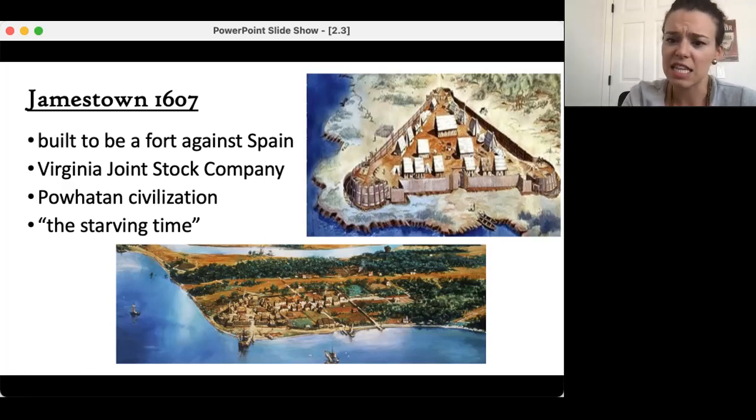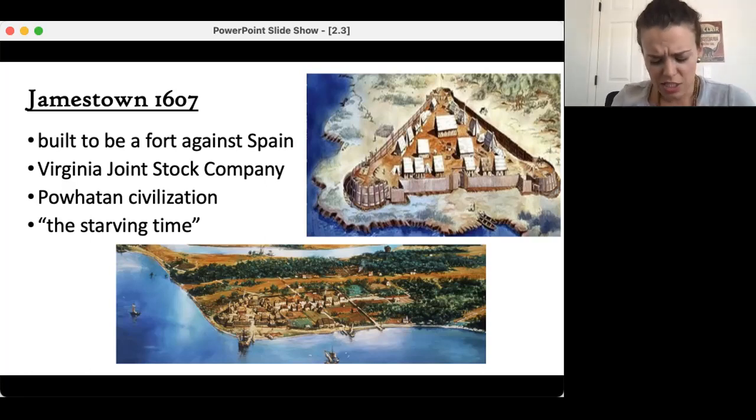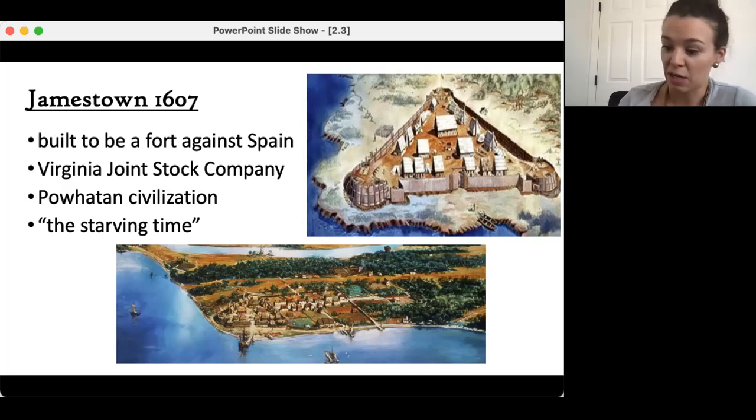The second thing is they misunderstood the geography. This first wave of settlers didn't understand how far upriver the Chesapeake Bay tides went, right? So when you settle on a river, you get your fresh water upstream and you dump your bodily fluids, your poop and your pee, downstream.